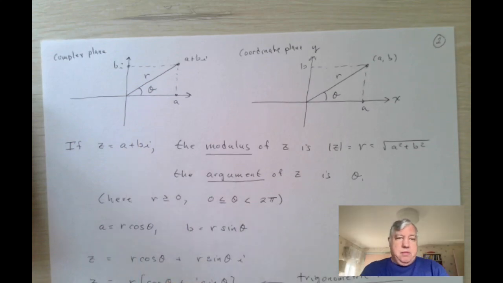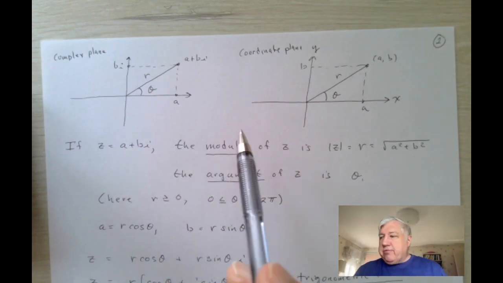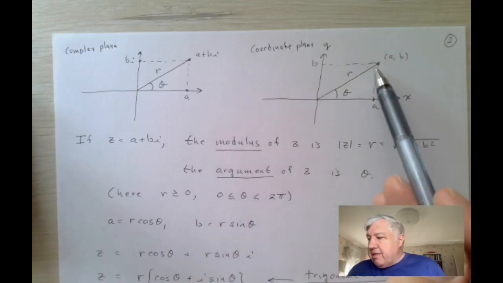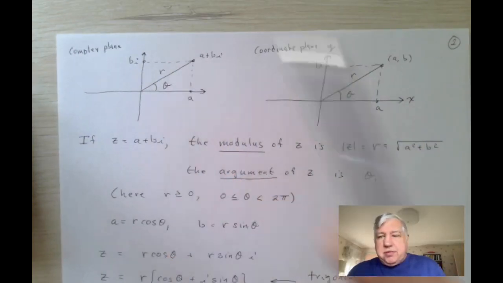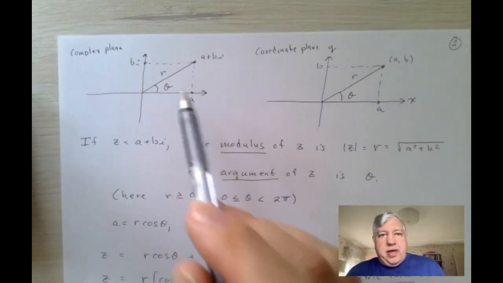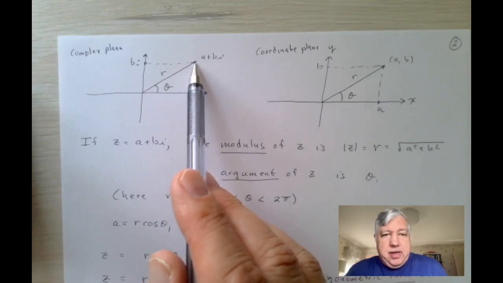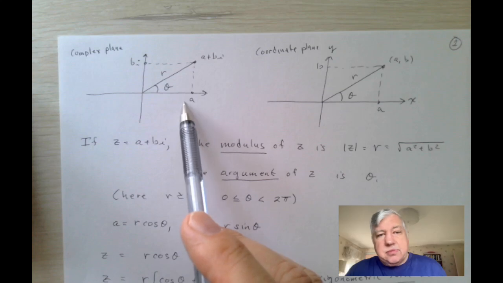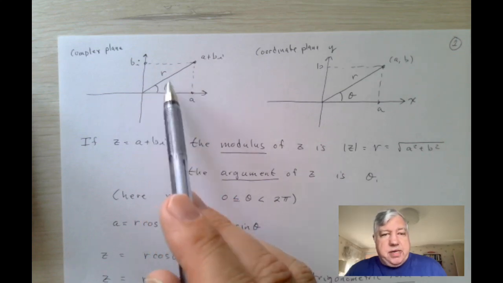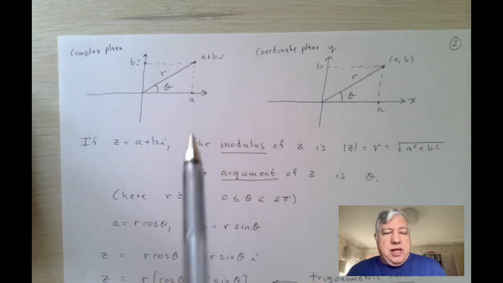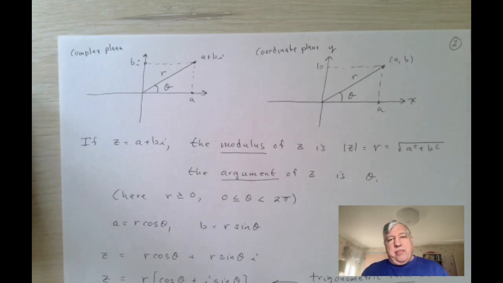But geometrically, we can see that this distance and this distance will be the same, and this angle will be the same. So the complex number still has a certain distance from the origin, and this ray makes a certain angle with the horizontal axis, this theta. And that theta and that r is enough to uniquely determine where the point is.